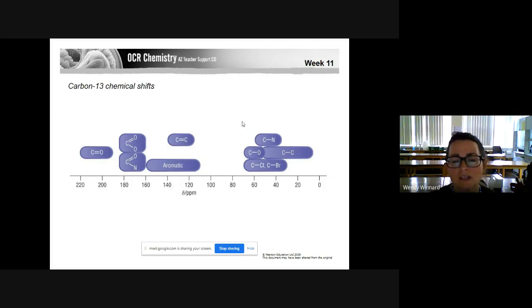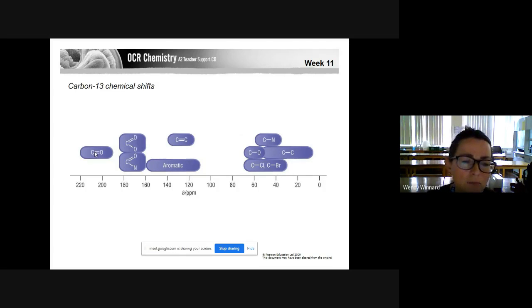You can see that carbon atoms attached to very electronegative atoms like oxygen give out a much higher signal that we call a chemical shift. This chemical shift is given the symbol delta, and it's measured in parts per million. Don't worry about that.